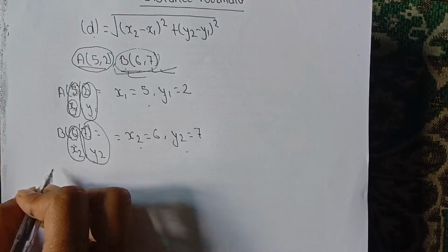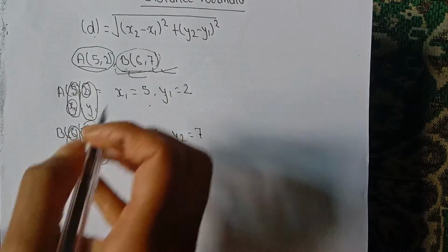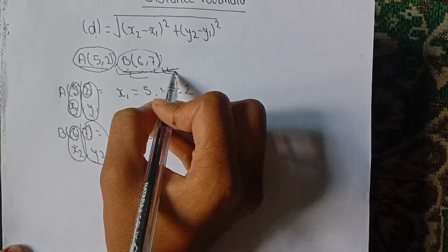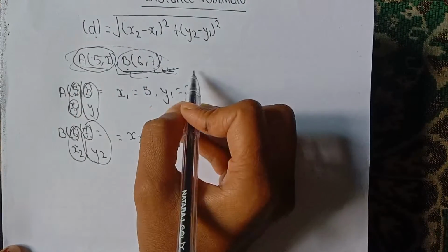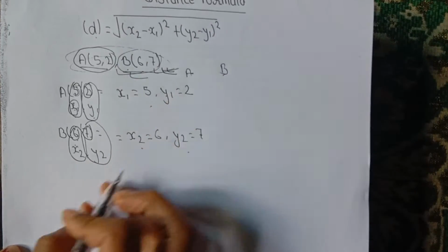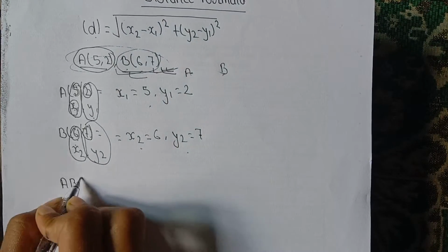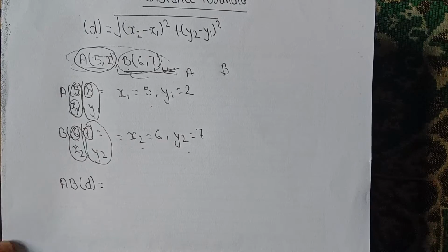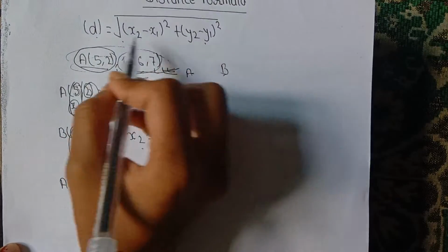Our question says: find the distance AB, the distance between these two points A and B. So we write AB, or also D, equal to, first we have to write this formula.